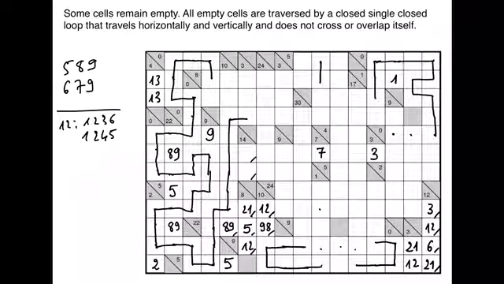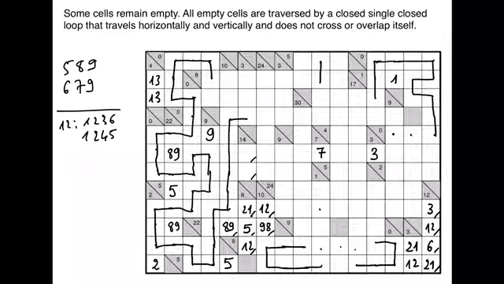I can't see what I'm supposed to do next. The 17 sum will need a great bunch of loop segments, loop cells at least. So there has to be at least one cell for the loop here.